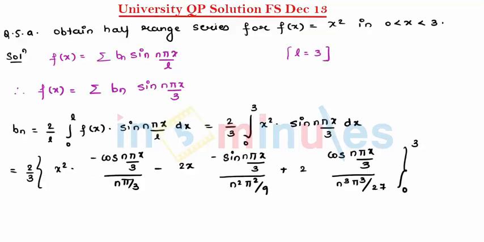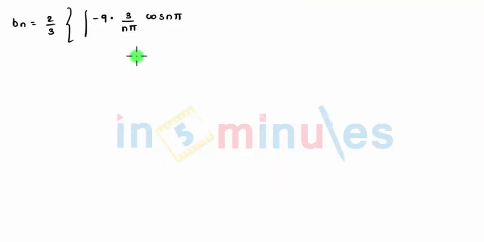Further, this minus becomes plus 2 into 3, or you can say directly 3 and 3 is sin n pi. So sin n pi is 0, so the second term becomes 0, so I can write here minus 0.